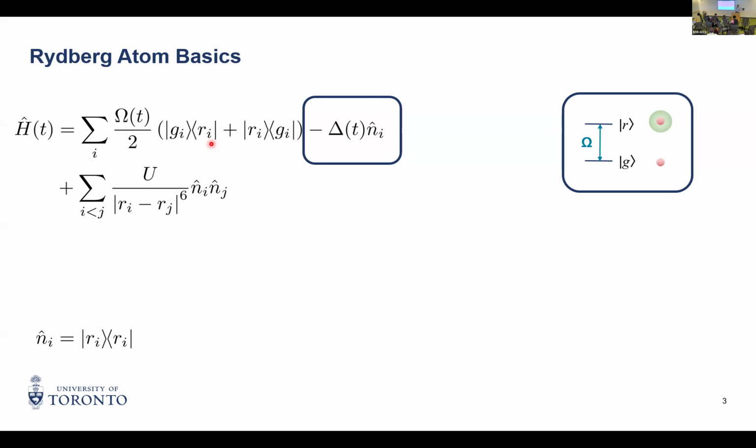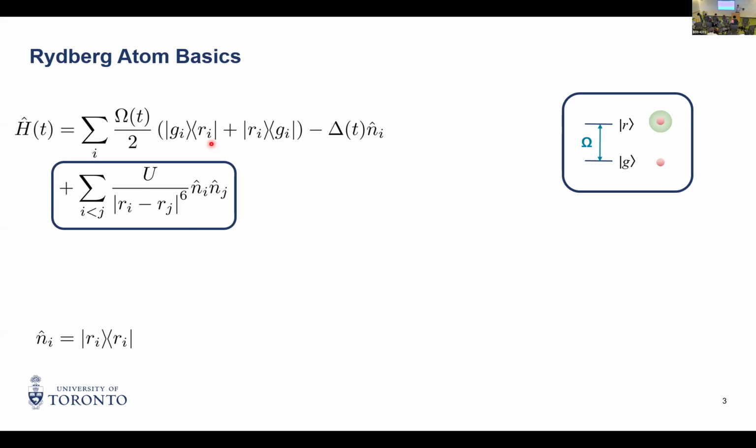And the interesting many-body physics shows up when we have, of course, multiple of these Rydberg atoms. Because the Rydberg state is very extended, there's a van der Waals interaction between neighboring Rydberg excitations that manifests as this 1/r⁶ density-density interaction.